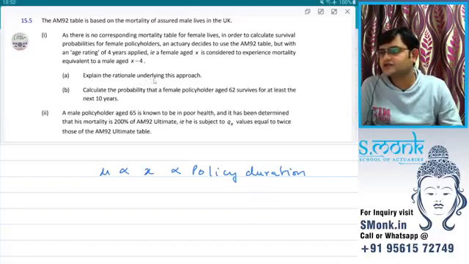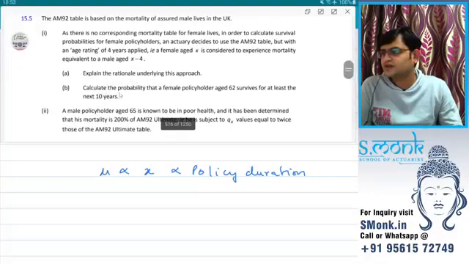Explain the rationale underlying this approach. So we have always observed that the mortality rate of females is less than the mortality of males in all other tables. So we are assuming that there is an age gap of 4 years. Then calculate the probability that a female policyholder aged 62 survives for at least the next 10 years.